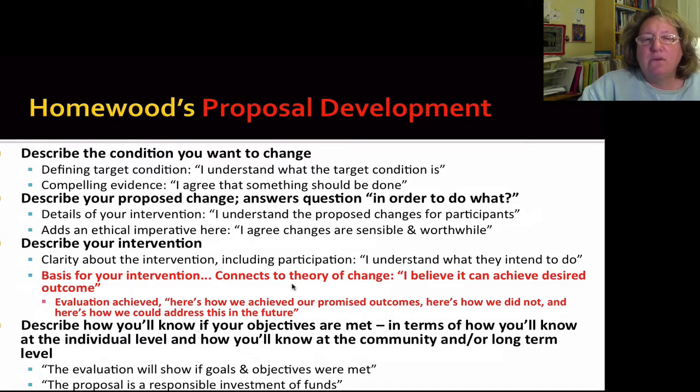And that the evaluation that we're focusing on today, so not the proposal, but actually now evaluating it once it's been done, here's how we achieved our promised outcomes, here's how we did not, and here's how we could address this in the future. So you want to get to a place at the end that says, here's what we achieved.